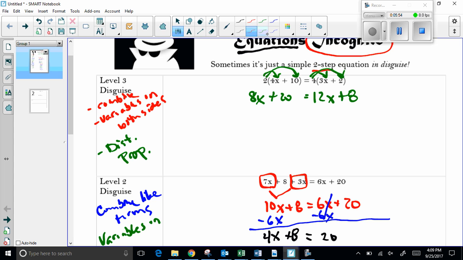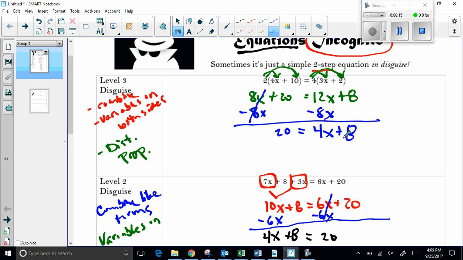Well, now I've got an equation that has variables on both sides. I'd like to take care of the smaller variable term, so I subtract 8x on both sides. This cancels out, and now I have 20 is equal to 4x plus 8.